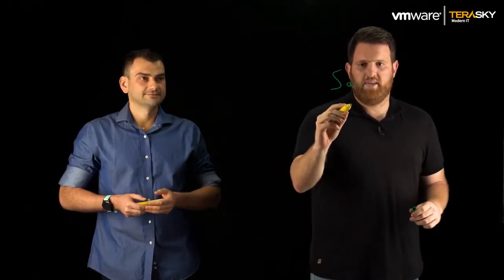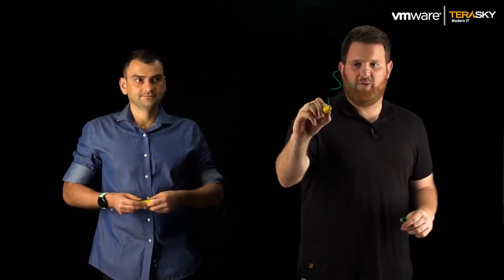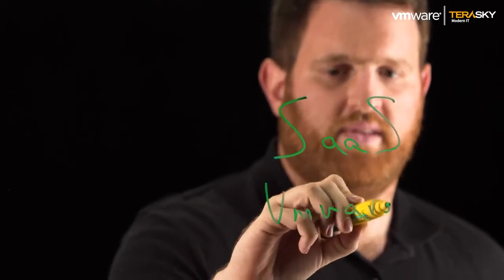Yeah. So basically, we are a SaaS-based company. It means that our product is delivered to our customers online as a service. And our entire infrastructure is basically on-prem, based on VMware technology.